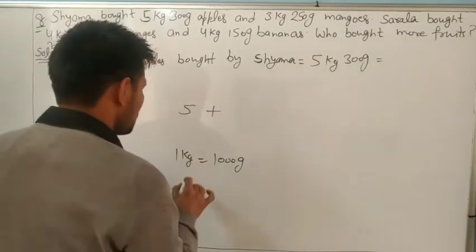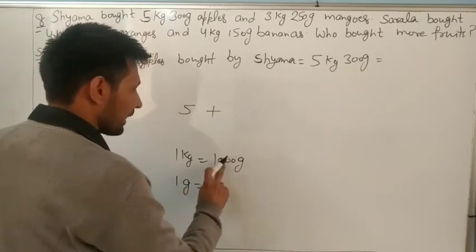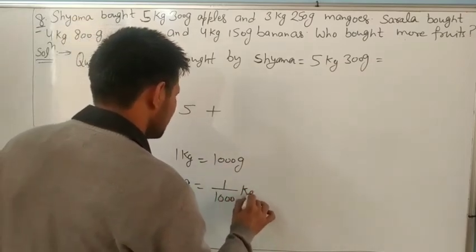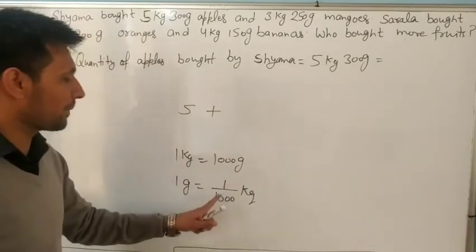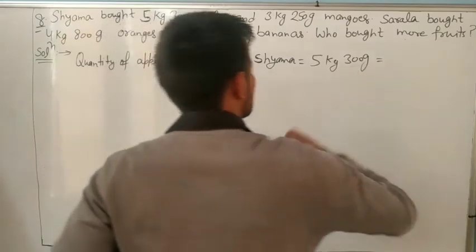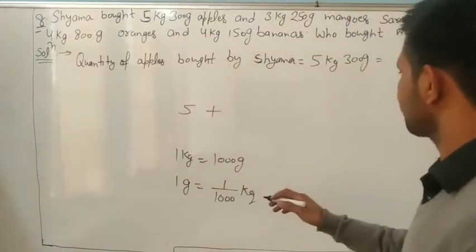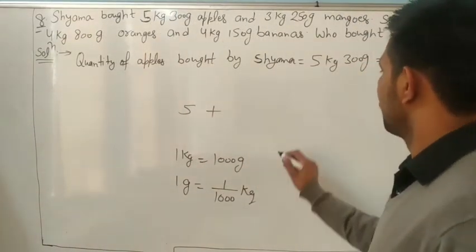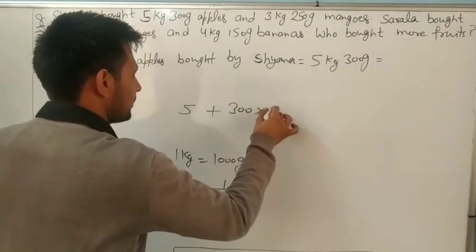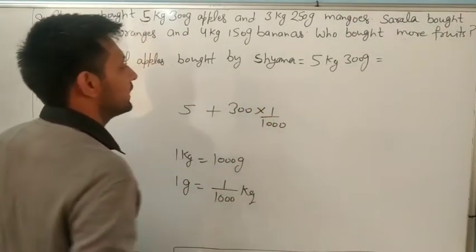So first we will find 1 gram, divide by 1000, it is kg. 1 gram equals 1 by 1000 kg. So 300 gram, multiply by 300. So you can write 5 plus 300 into 1 by 1000.